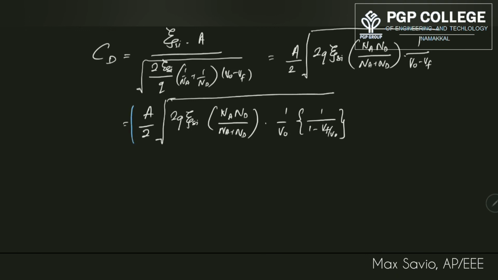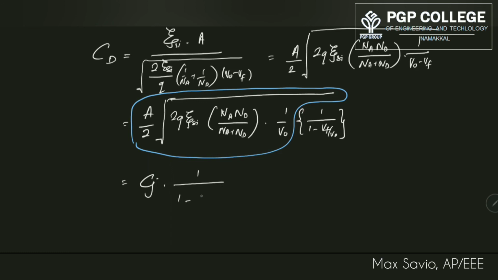You can see this expression is very similar to Cj. So I can write it as Cj into 1 divided by 1 minus Vf by V0, with the root of it.